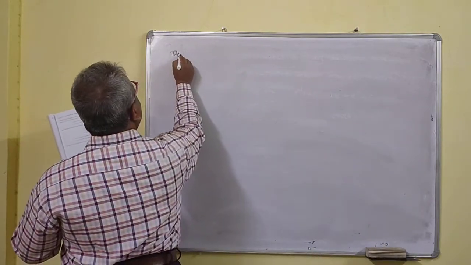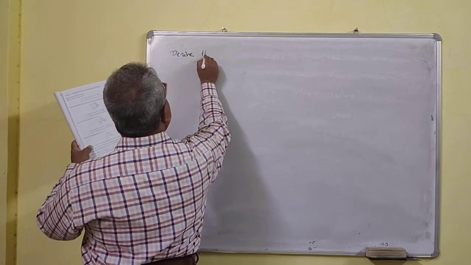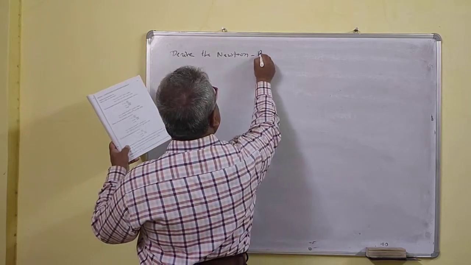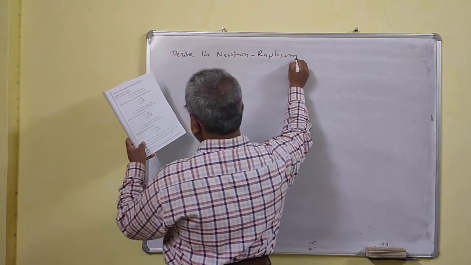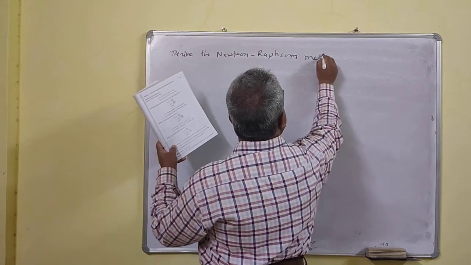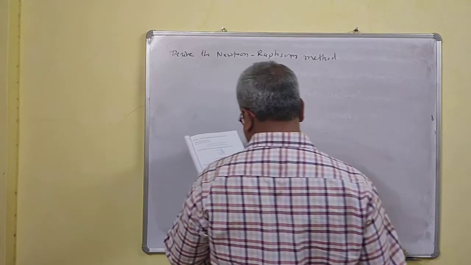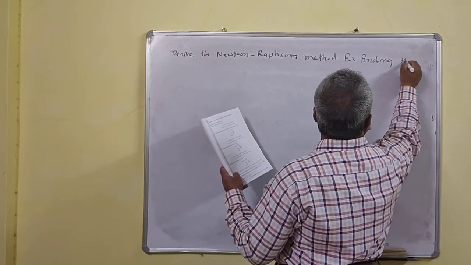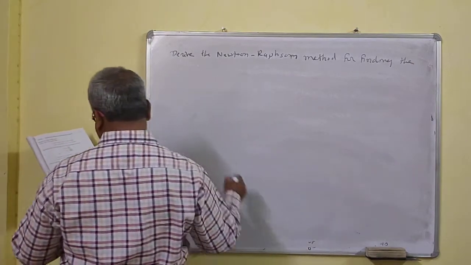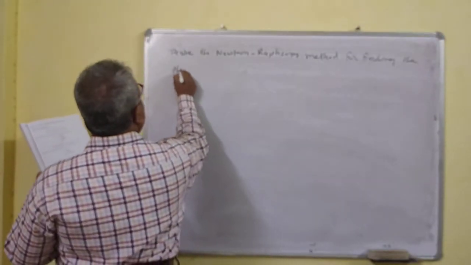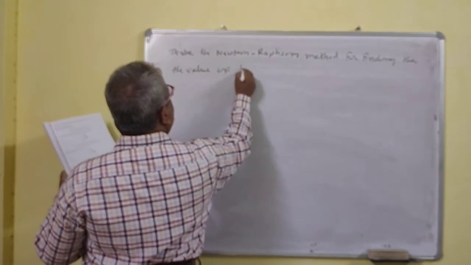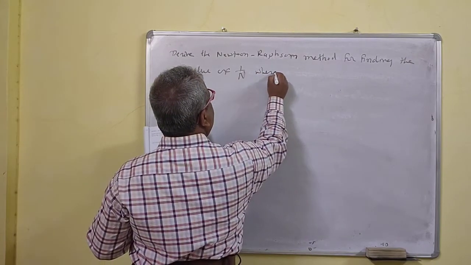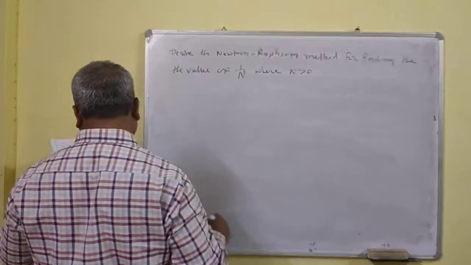Derive the Newton-Raphson method for finding the value of 1 by n, meaning the reciprocal of the number, where n is greater than 0.